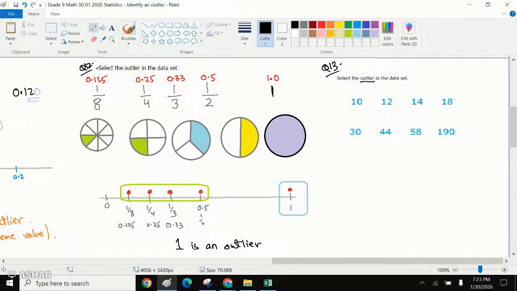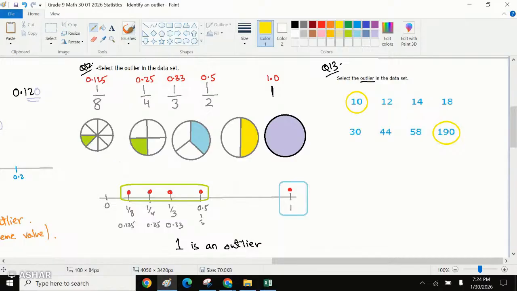and 190. An outlier would always be an extreme value, either the minimum value or the maximum value. It has to be an extreme value, okay? So let's see which number out of these two numbers is an extreme number. Is 10 nearer to any other number?